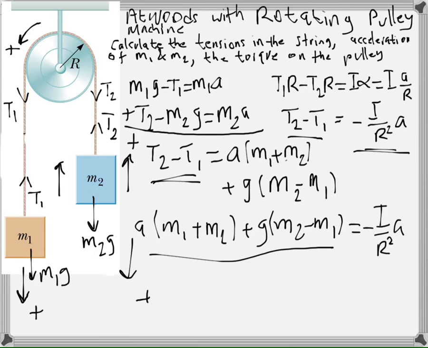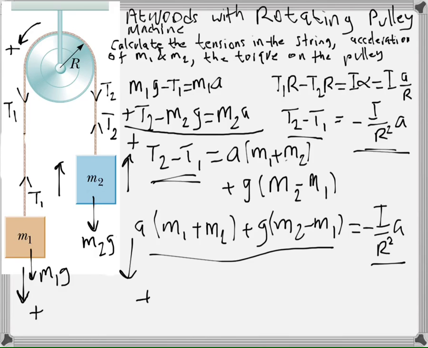If the pulley is rotating in the counterclockwise direction, then for M1, A must be in the downward direction, and for M2, in the upward direction. So for this, I get A on the right-hand side also.